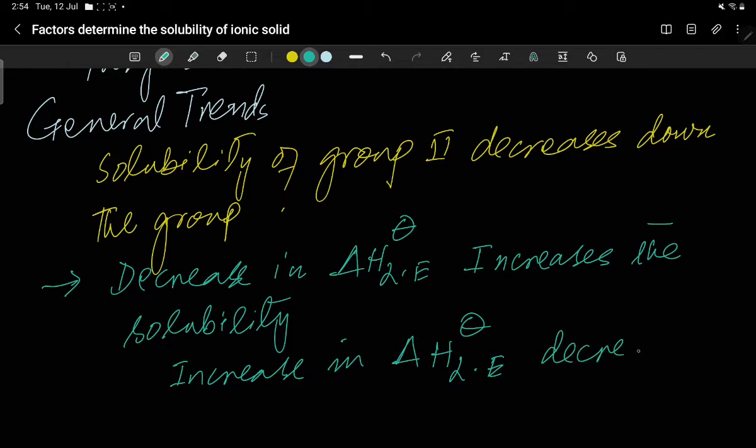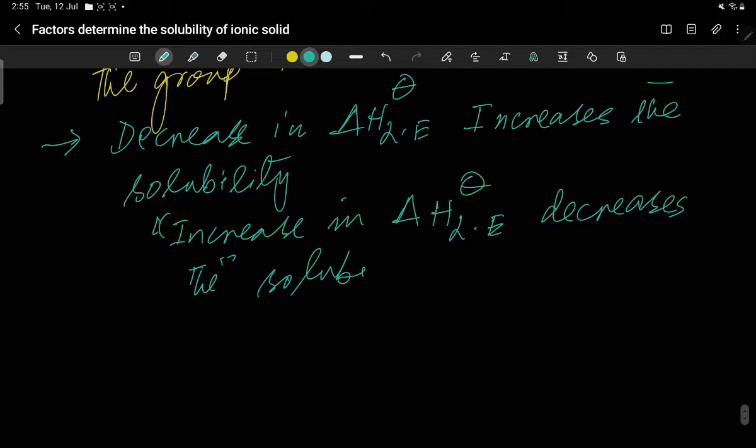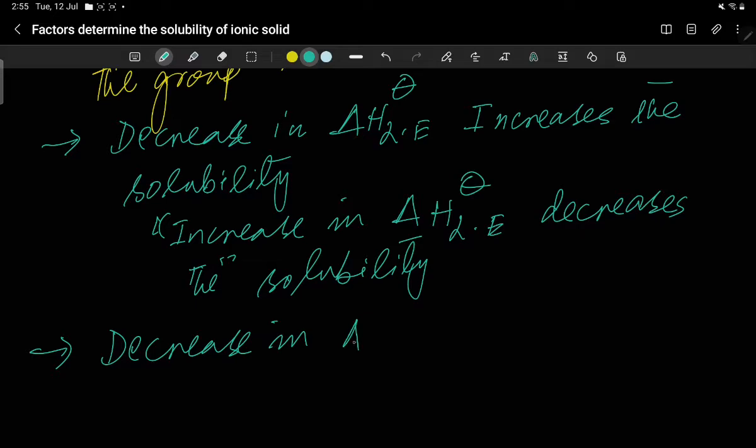And the next factor: a decrease in delta H hydration decreases the solubility and vice versa.